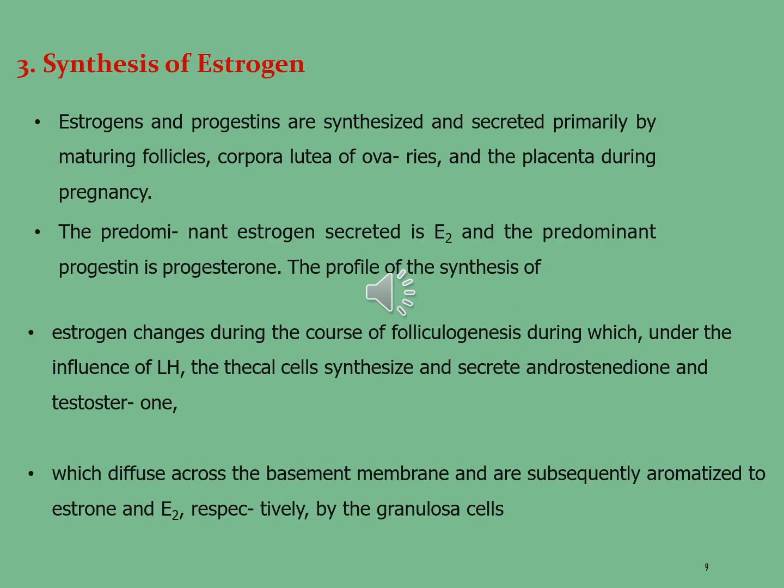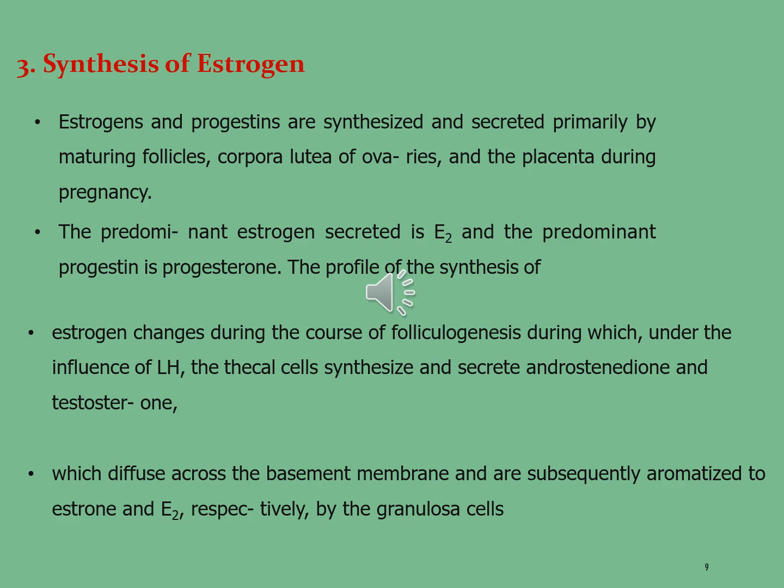Synthesis of estrogens. Estrogens and progestins are synthesized and secreted primarily by maturing follicles, corpora lutea of ovaries, and the placenta during pregnancy. The predominant estrogen secreted is E2 and the predominant progestin is progesterone.